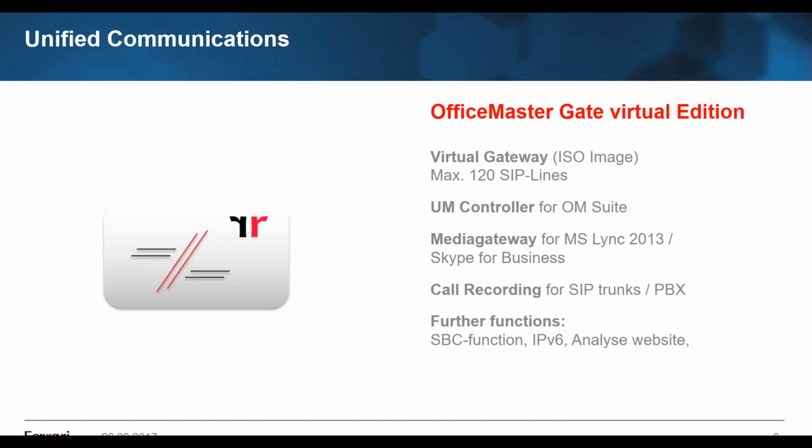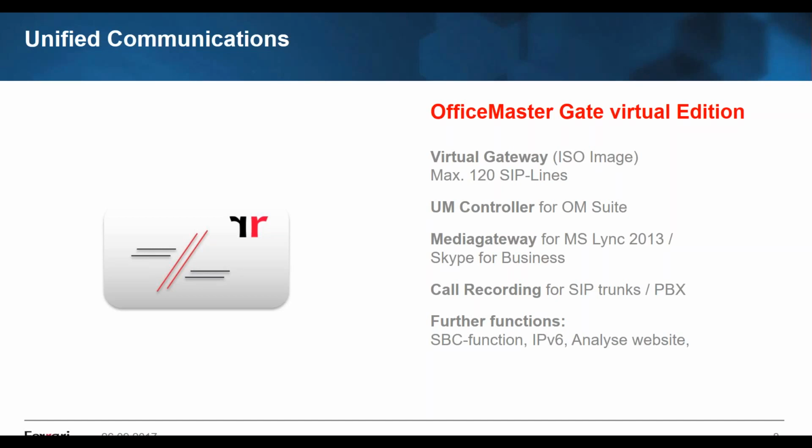Okay, another interesting product, because we are living in a digital transformation world, is our OfficeMaster Gate Virtual Edition. It's a virtual gateway. That means it is an ISO image. You can use it through, for instance, Hyper-V or Xen. And it supports up to 120 SIP lines or SIP channels.